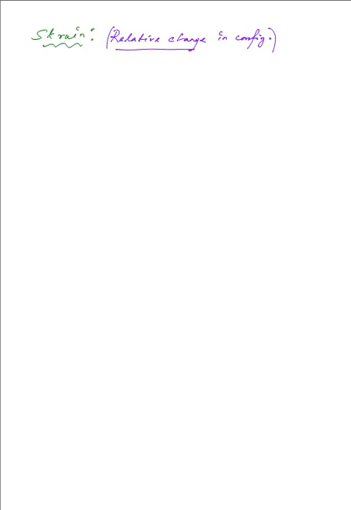Now the strain, when we say relative change, means we are relating the change with respect to the initial configuration. Let's categorize and you will understand what it's all about. So if we are considering the relative change in terms of length, then we come across the longitudinal strain.